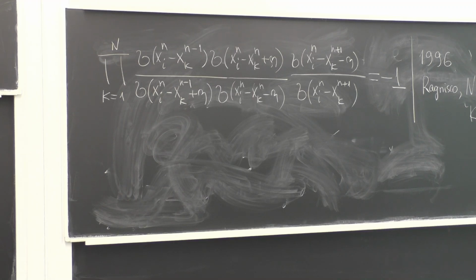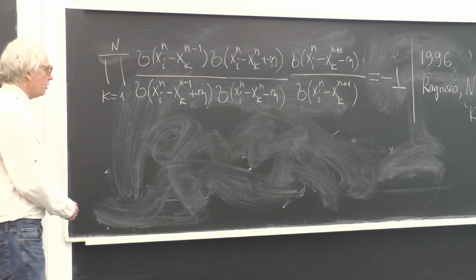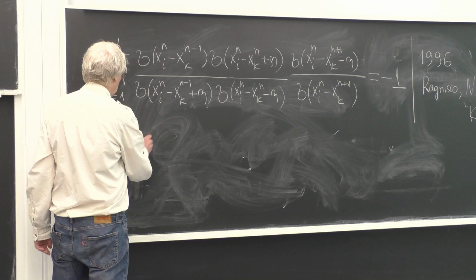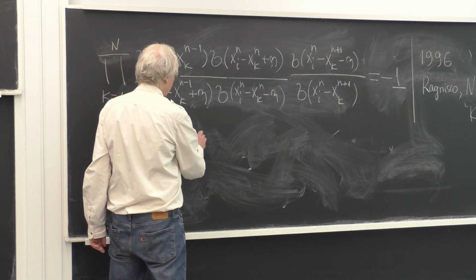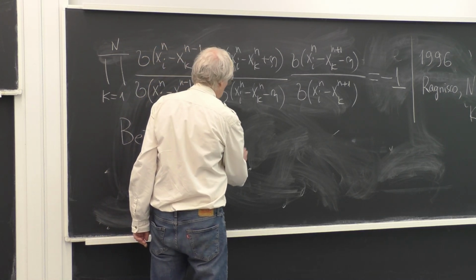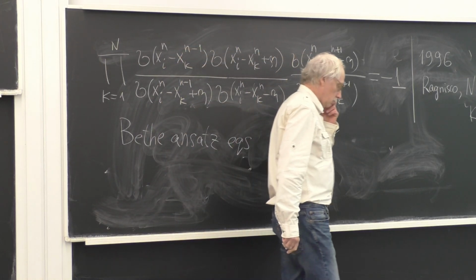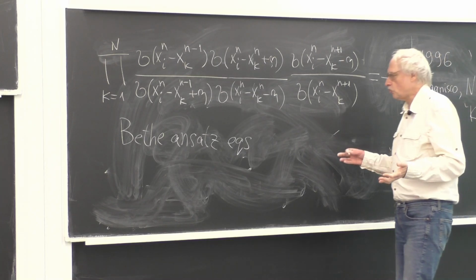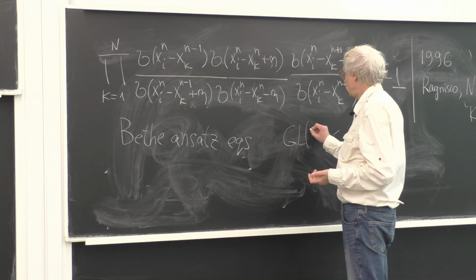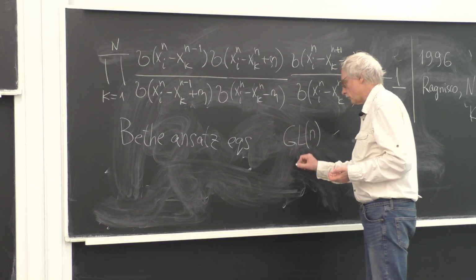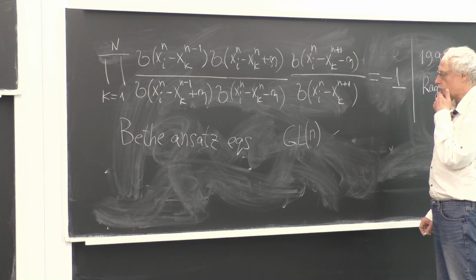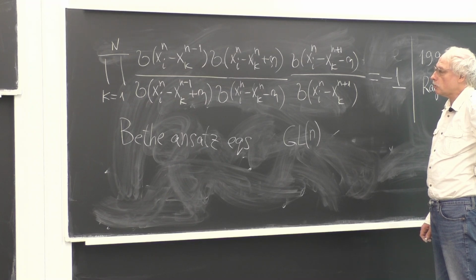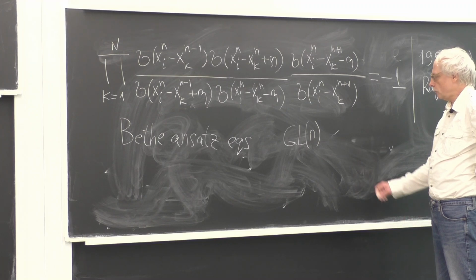The form of this system coincides with Bethe-Ansatz equations, which are related to a very different topic, to quantum integrable systems. For example, quantum spin chains related to the gl_N case. So these are generalized spin chains, and they are solved by the procedure known as nested Bethe-Ansatz.